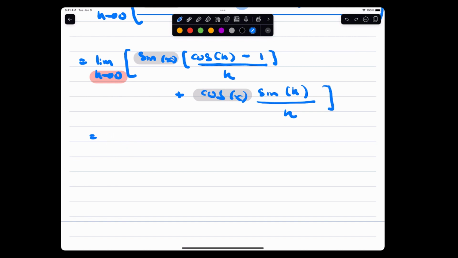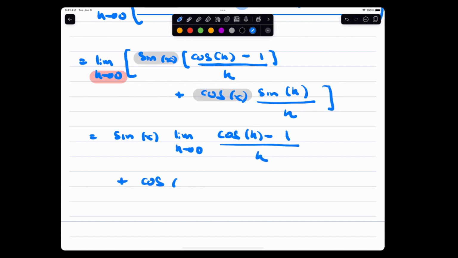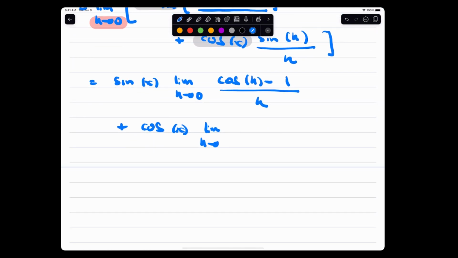I'm going to pull out the limit of a sum as a sum of limits, and pull out the constant. All I'm saying is I'm going to use my properties of limits right in here. All right, you guys okay with that?